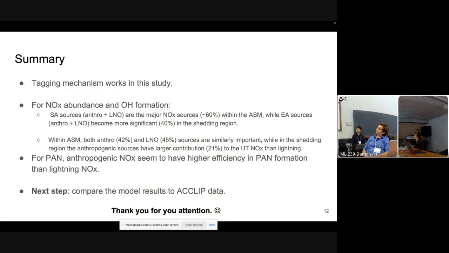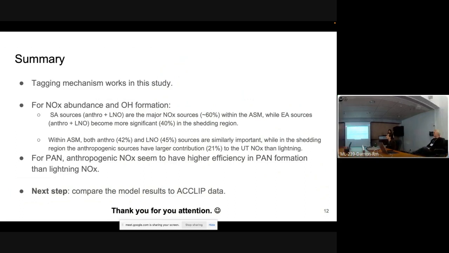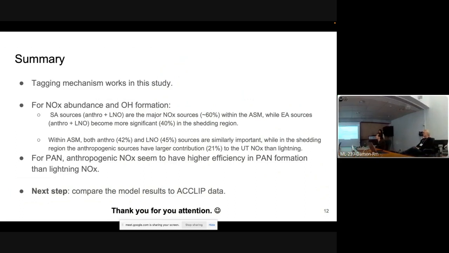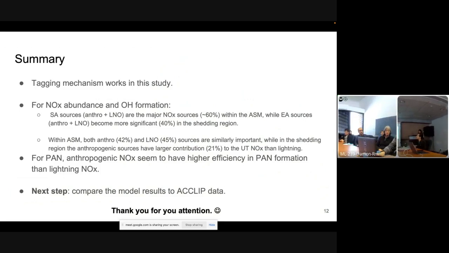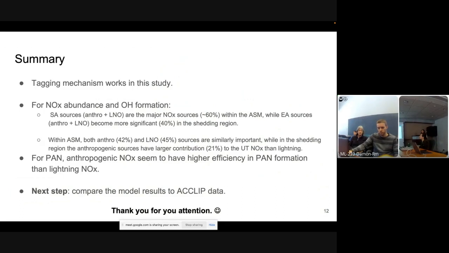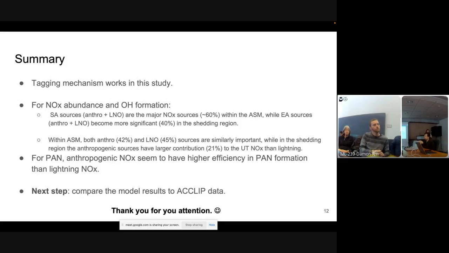So if anyone's interested in using the tag mechanism for other studies, I'm not going to repeat the findings here, but I do want to say that for the next step, we want to compare the model results to the ECLIP data, and we want to try to see if we can extract information from the observation data to see where the source of our measured NOx comes from. Okay, thank you for your attention, and I can take any questions.